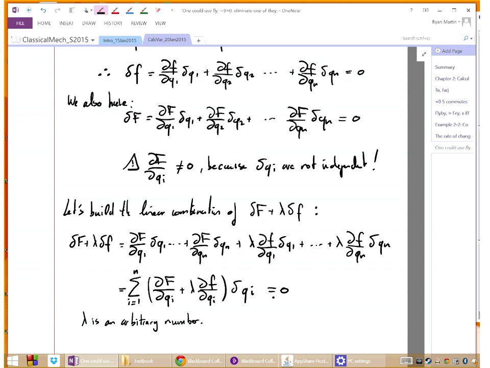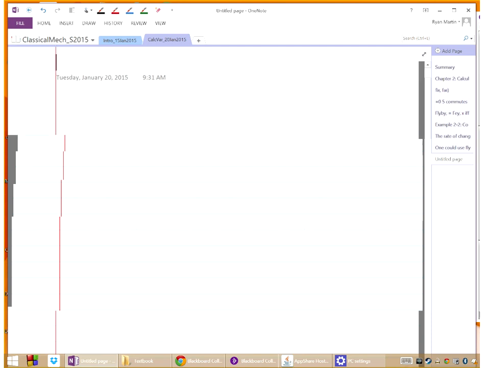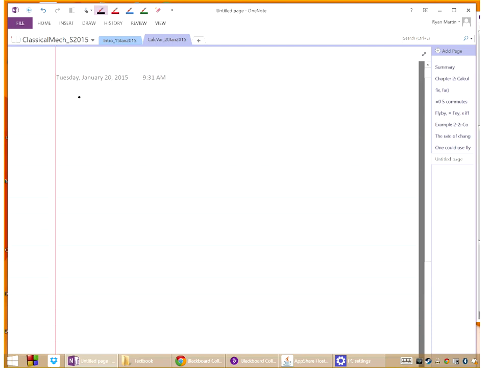If I set all the delta qi's to random numbers, one of them is not going to be random. So the step of genius here was to write it this way to begin with. We're going to now choose lambda. So that's the last term in the sum.